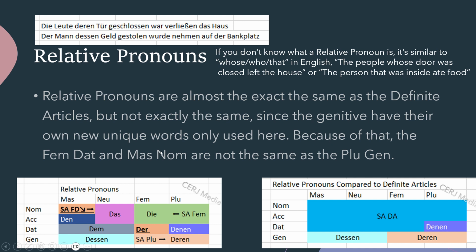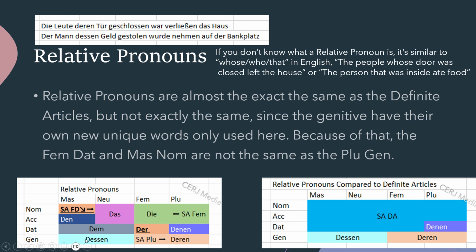This right here is bold and underlined because it's not following the trend of being the same as the plural genitive. In a lot of scenarios, the masculine nominative is the same as the plural genitive, but this is an example where it is not the same. So, same as feminine dative, as that's what FD stands for, der.